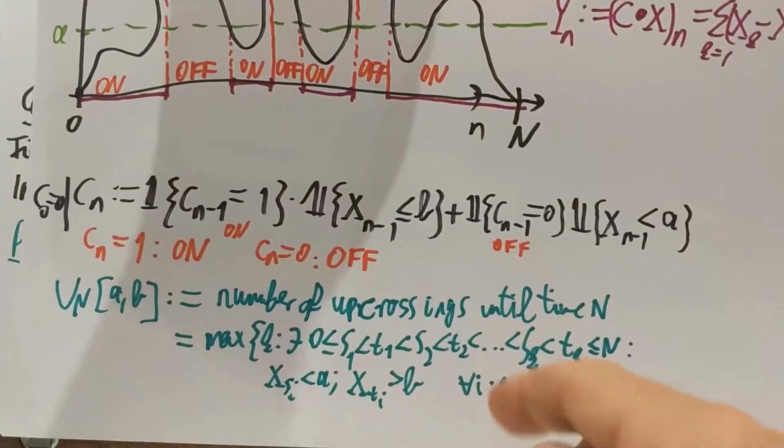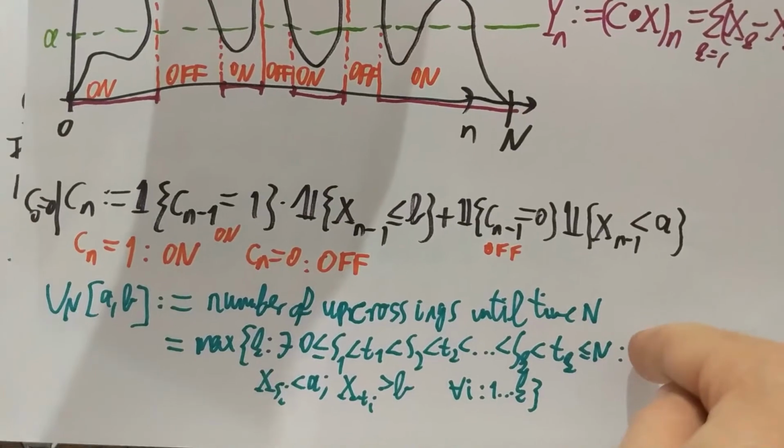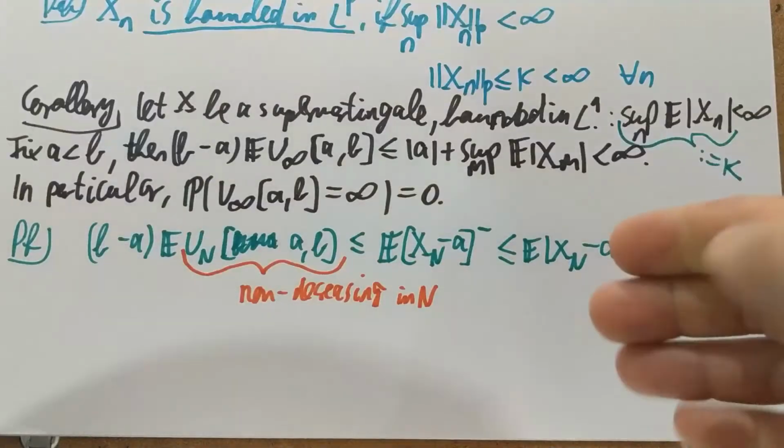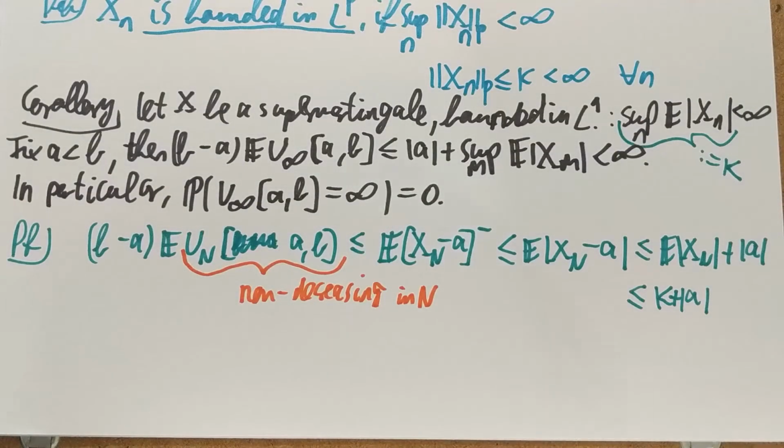Remember, Un was defined to be the number of upcrossings until time n, so if I increase n, the number cannot decrease. It's counting something up to n, it's adding new and new counts, so it cannot decrease in n, it can only increase in n. And these are the two crucial ingredients to now do what I want to do.